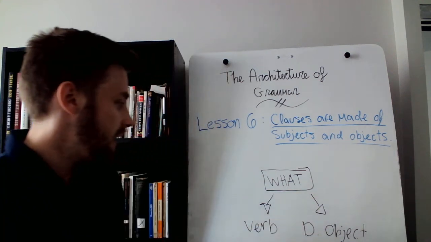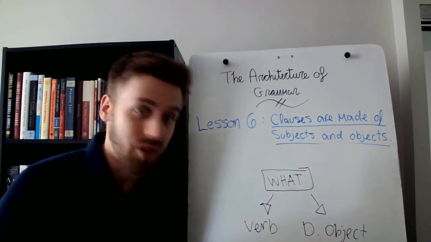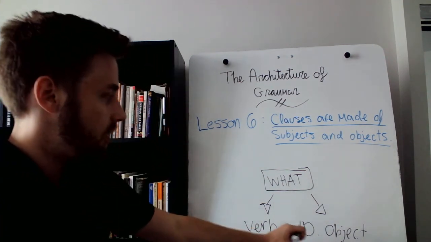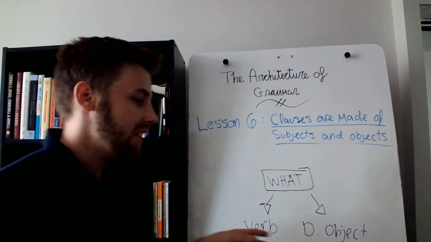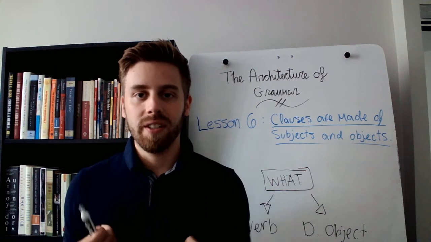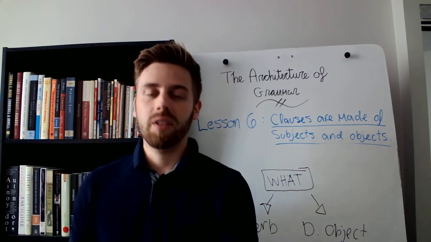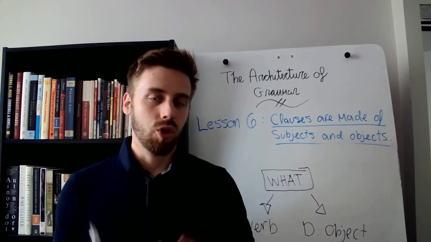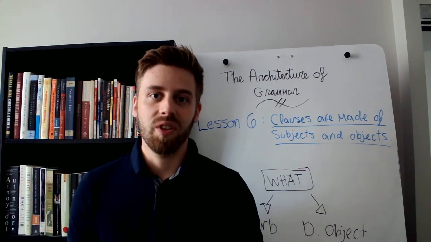But the reason the what is complicated is that these are not multiple parts of speech, these are multiple word roles. So there are two functions inside that information block. You can see examples and work through the exercises in the book, The Architecture of Grammar. So you can grab your copy and start working through these things. I hope that you found this valuable, and I will see you in the next video.